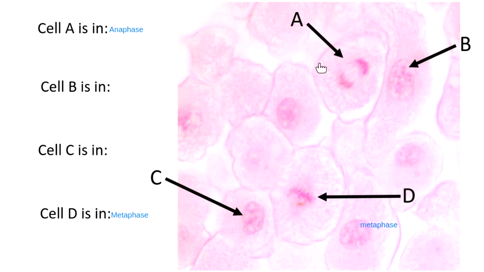I'll mention a couple of reasons that I think this is anaphase. The first one, see how all of my genetic information seems to be angling toward the middle of the cell, so it's here in the middle. That would mean this genetic information is still moving. When we stop pulling this genetic information in this direction, all of these little strings will just kind of float in the middle of this space.